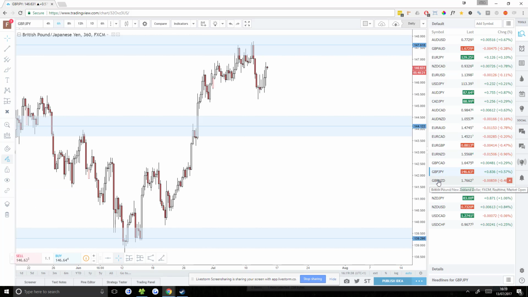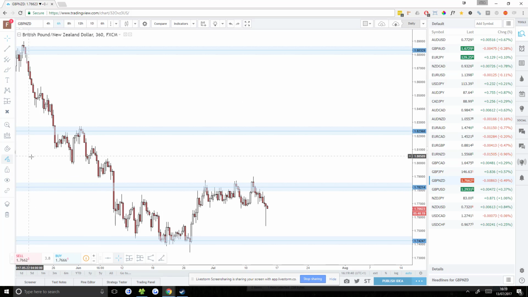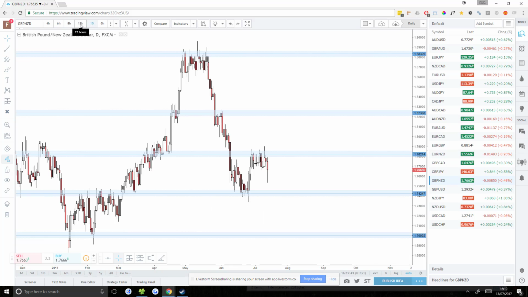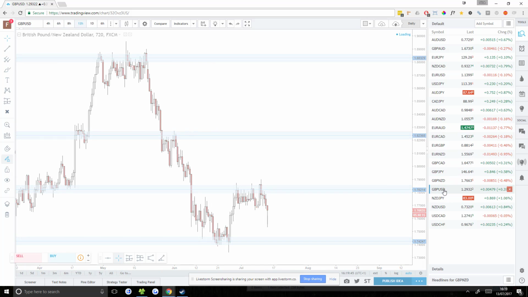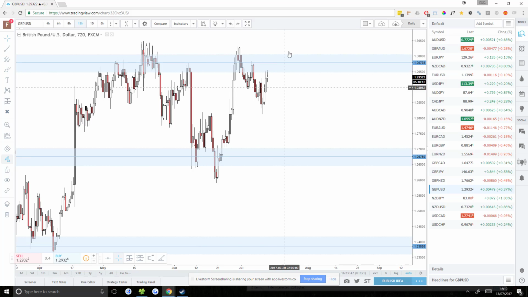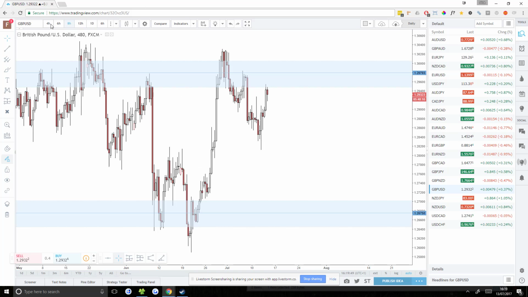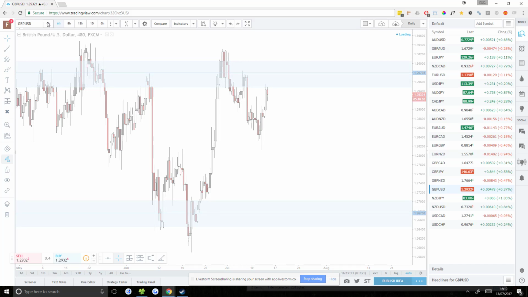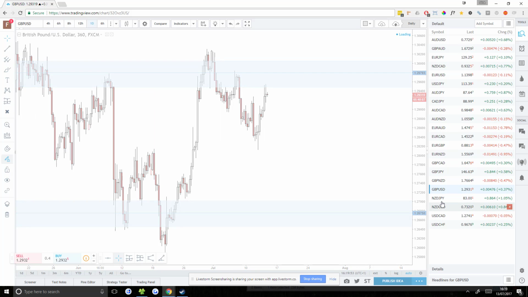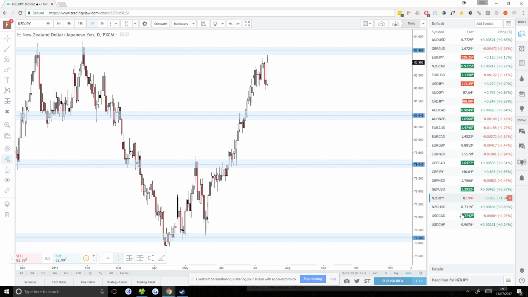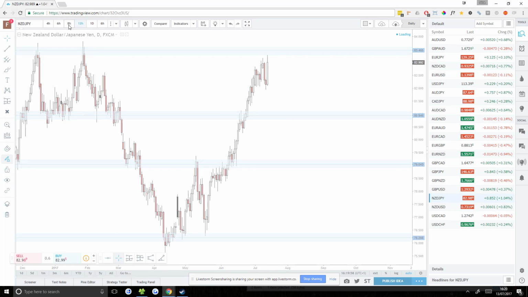Where were we? We did GBP JPY. Let's go GBP New Zealand. But it is in between areas, so there's nothing much that we would trade there. GBP USD is just doing whatever. Just a mess. New Zealand JPY.